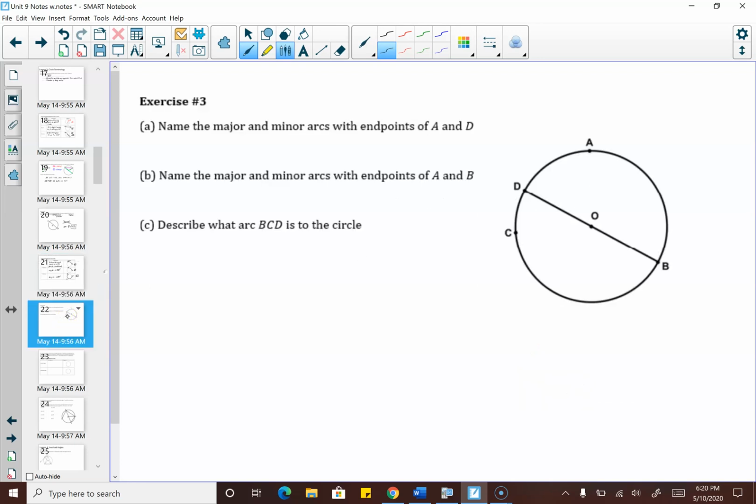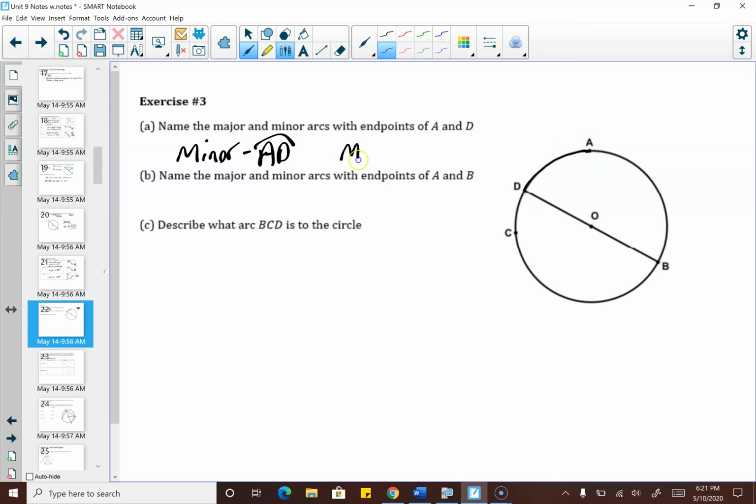So we want to name the major and minor arcs with endpoints A and D. Let's take care of the minor arc first, because that is very simply AD. When you just have the 2 letters, you're going to take the shortest distance to get there, which is that AD right there.